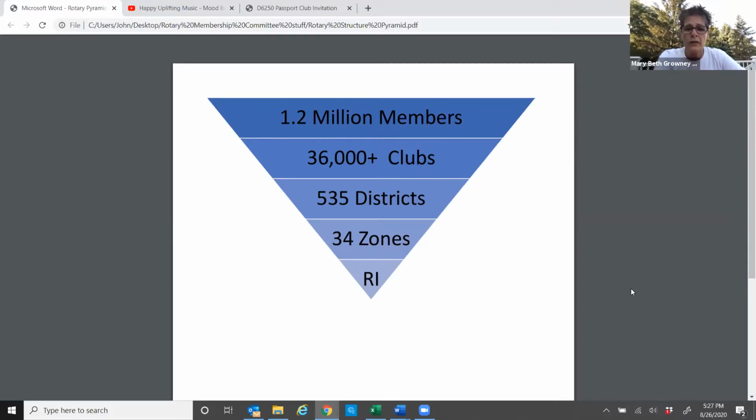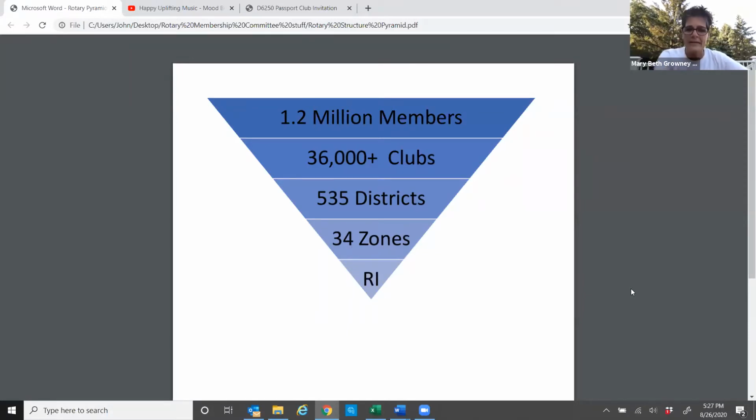So at the Rotary International level, and I'm not going to step on Ed's toes very much here, I hope, we have 17 directors serving at Rotary International every year, plus the president and plus the president-elect.